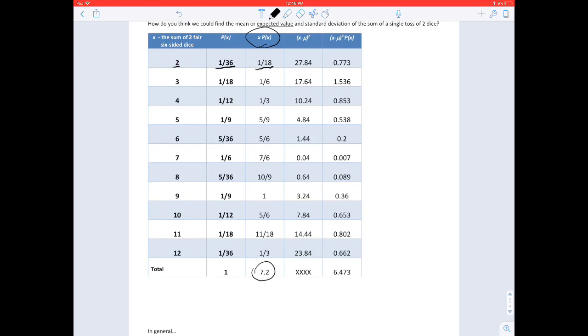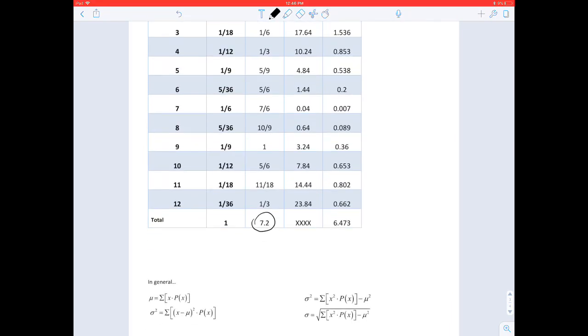And so when you sum all these up, you get the expected value sum of rolling 2 fair 6-sided dice is 7.2.